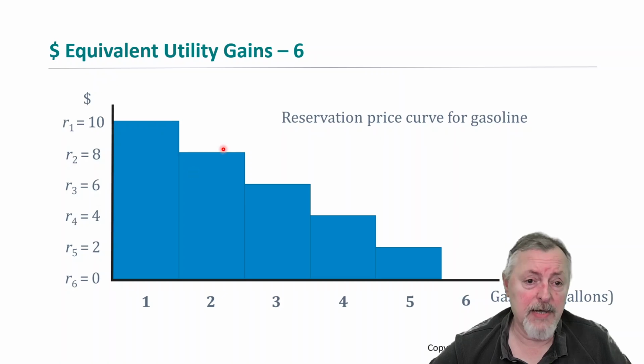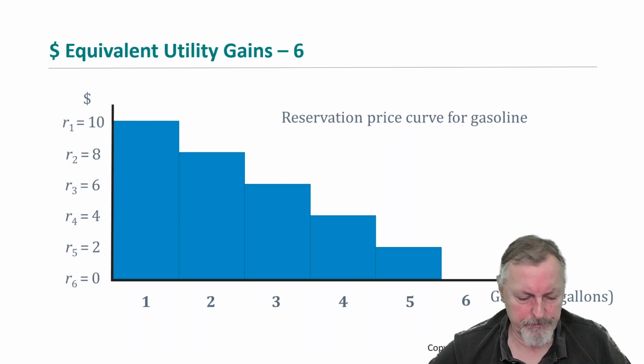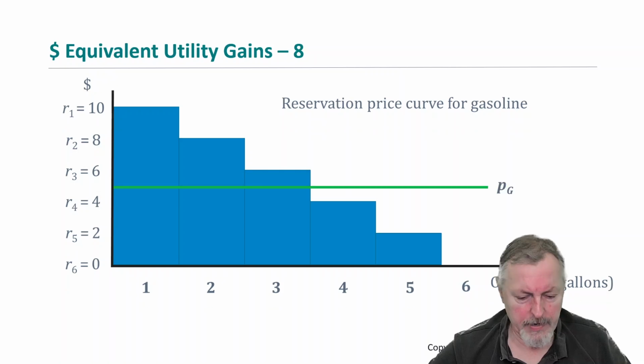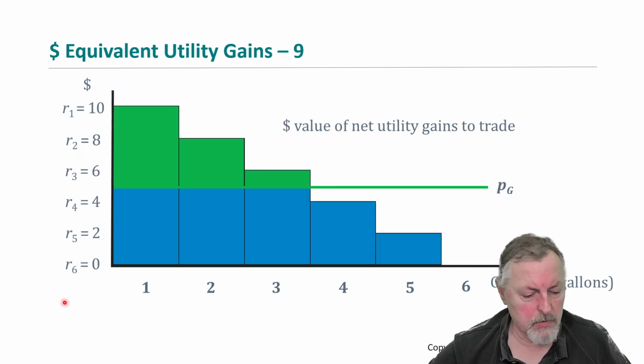For a second gallon, you'd be willing to pay $8, etc. Now, if you can enter the market at this price, say $5, and you do enter the market, then your consumer surplus would be this green area. This first gallon, it's worth $10 to you. You only had to pay $5, so you gain $5.